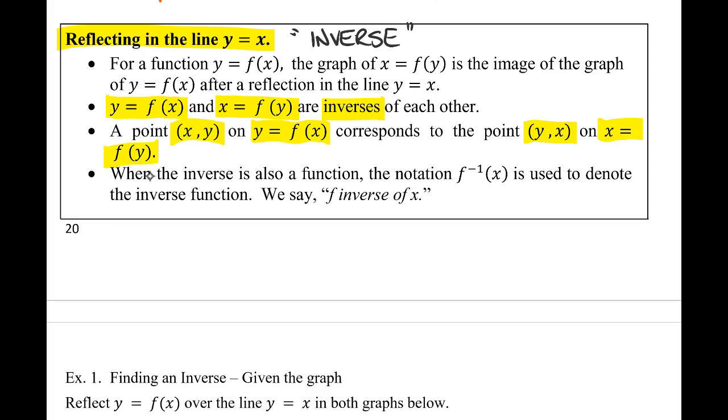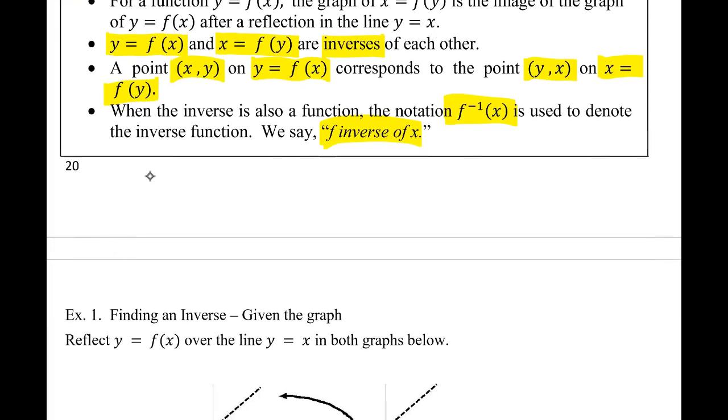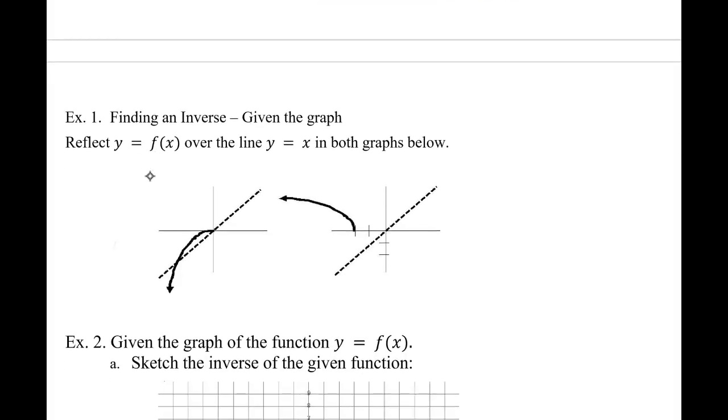So what was once your y value becomes your x value, and what was once your x value becomes your y value. When the inverse is also a function, we use this notation, to the power of -1, to denote the function f inverse of x. Okay, so we'll be exploring what all of this means.